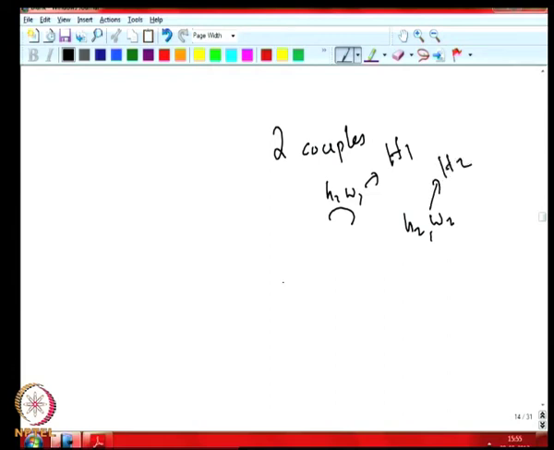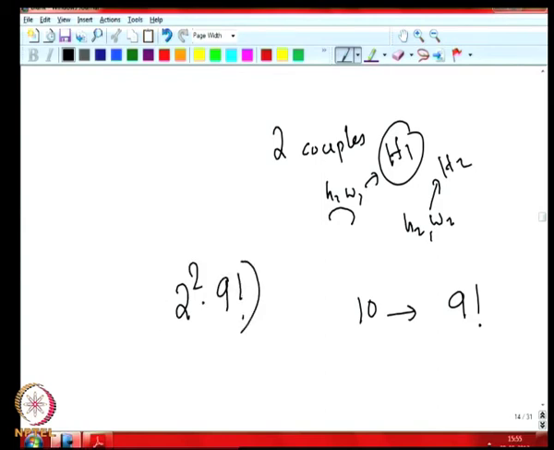Initially 12 people were there, now 2 are reduced, so only 10. Ten people can be seated around the table in 9 factorial ways, and wherever we see H1 we replace it by H1 W1 or W1 H1 in 2 possible ways, and likewise for H2. So 2 into 2 possible ways of replacing, that is, 2 square into 9 factorial.